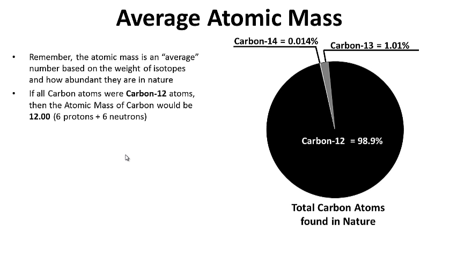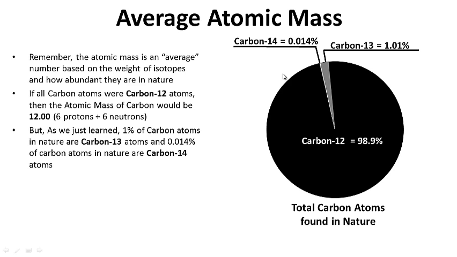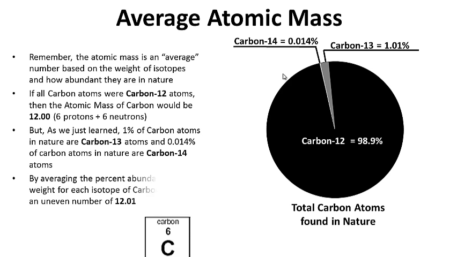If all carbon atoms were carbon-12 atoms, then the atomic mass of carbon would be a perfectly even 12, with 6 protons and 6 neutrons. But as we just learned, 1% of carbon atoms in nature are carbon-13 atoms, and 0.014% are carbon-14 atoms. By averaging the percent abundance and weight for each isotope of carbon, we get an uneven number of 12.01.